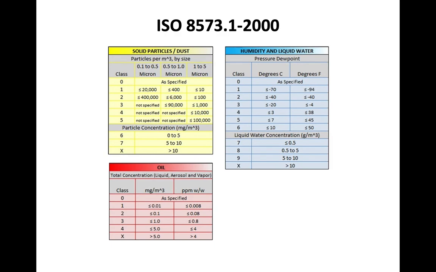The first part is about solid particles or dust entrapped in the compressed air. The second is the humidity and liquid water entrapped in the compressed air. And the third, the last one, is the oil content in the compressed air.